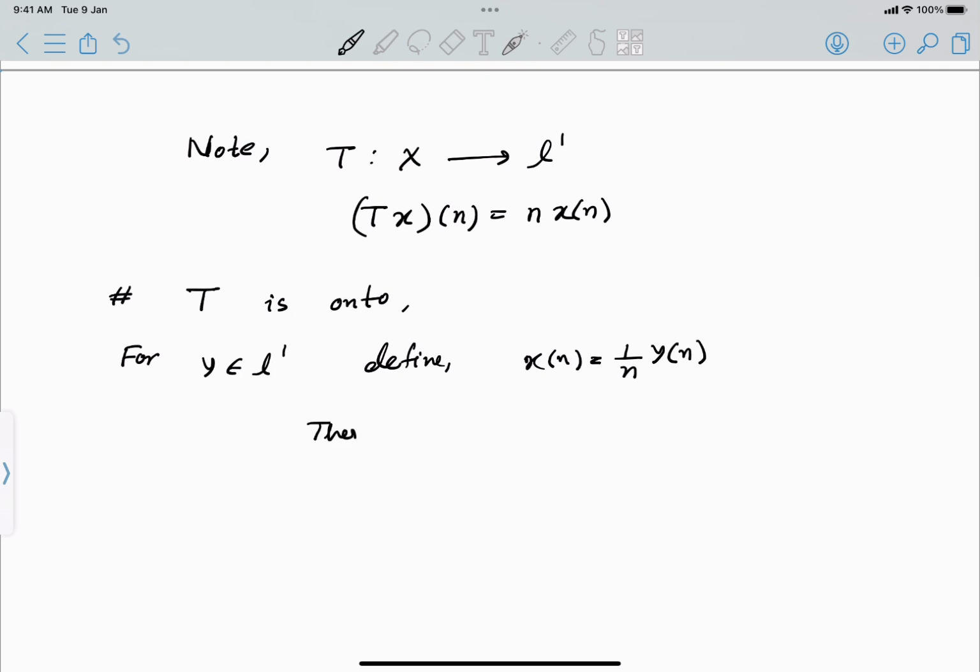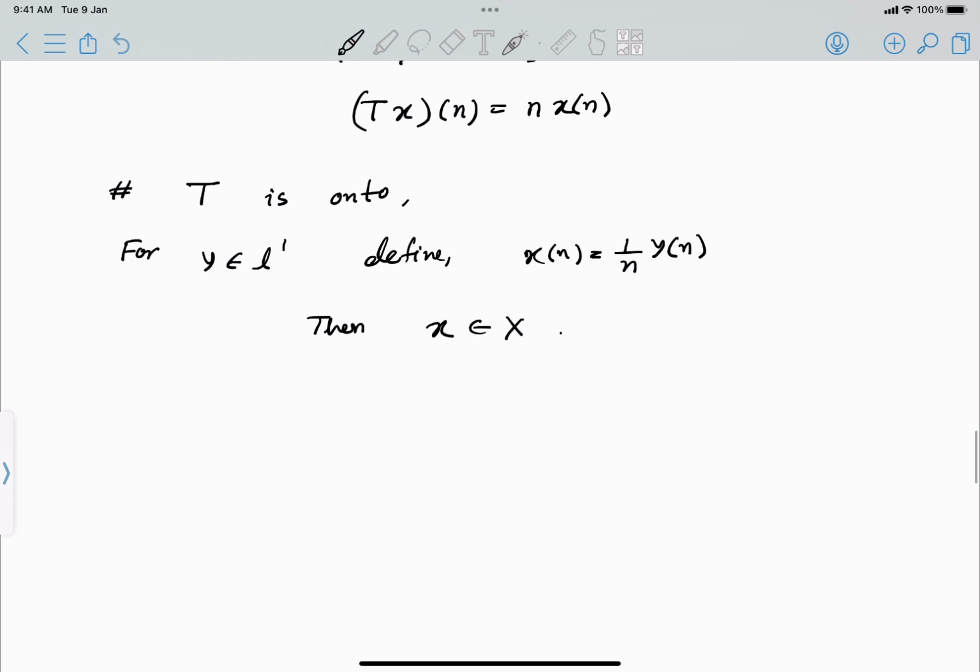Then x belongs to x, because if you multiply by n it will cancel and y is in L1, right? And t of x will map to n times that, so it is y. So therefore t is onto.